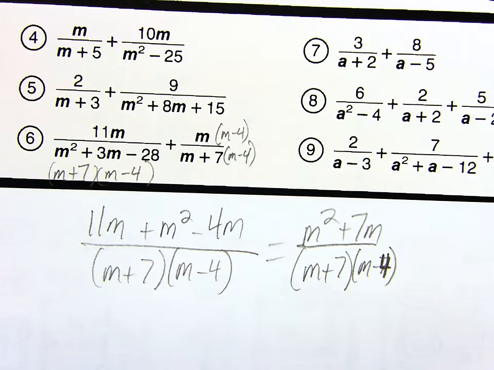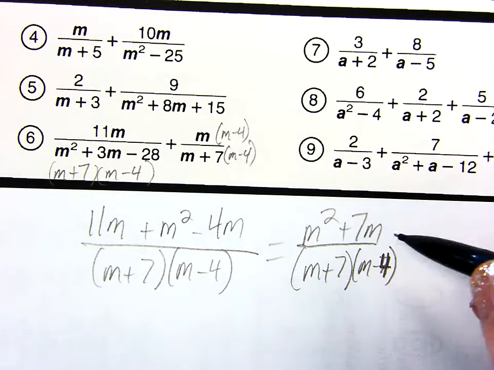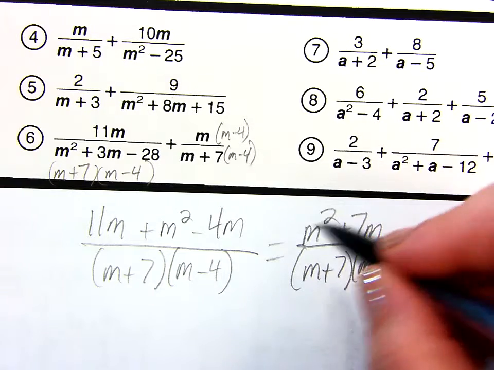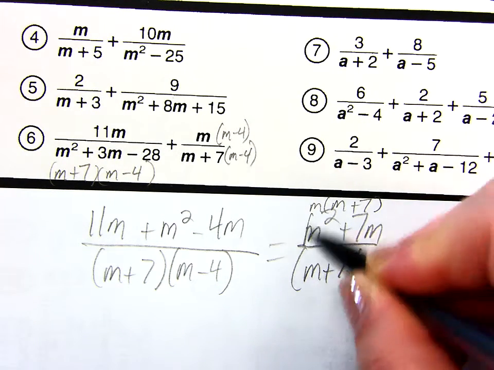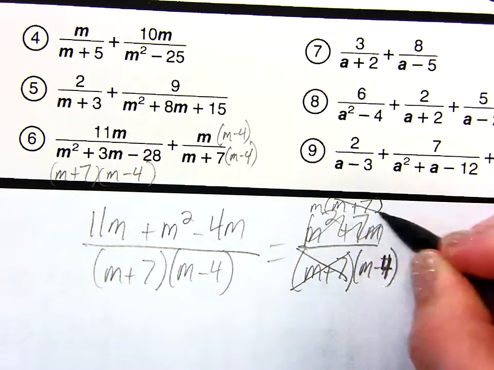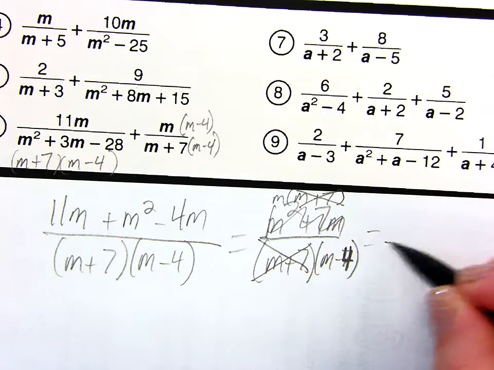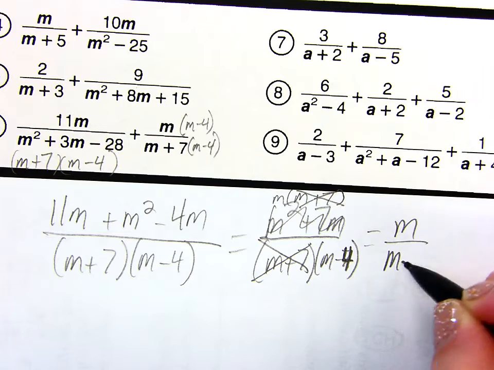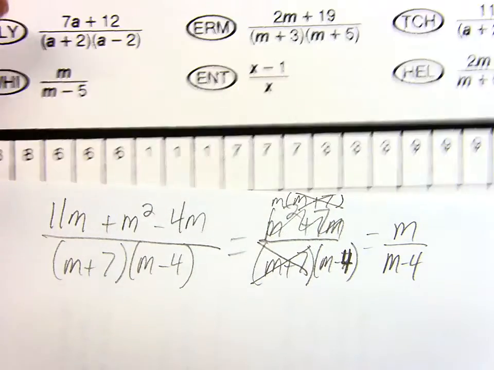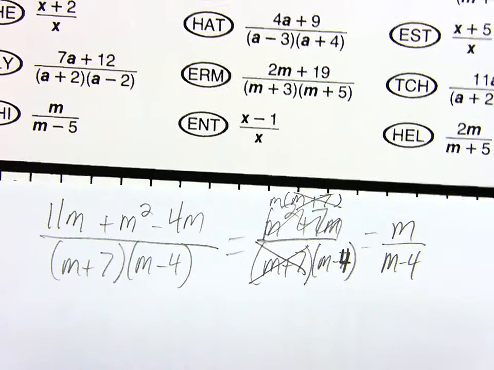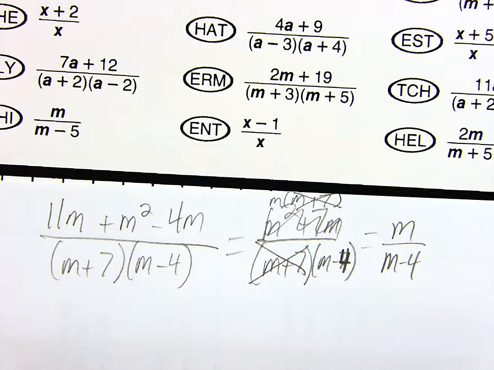Yep. You got it. Take an m out of the top, and isn't that going to leave me with an m plus 7 to cancel with the one on the bottom? So m plus 7s are gone. Looks like my final answer is going to be m over m minus 4. And hopefully that's a choice. Oh, it is!